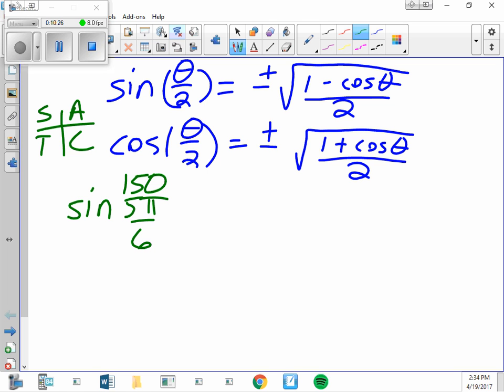So we are going to use this formula, and we're going to put 300 in there. 5 pi over 6 is 150. The angle that you divide by 2 is 300. Right. 300 divided by 2 is 150.